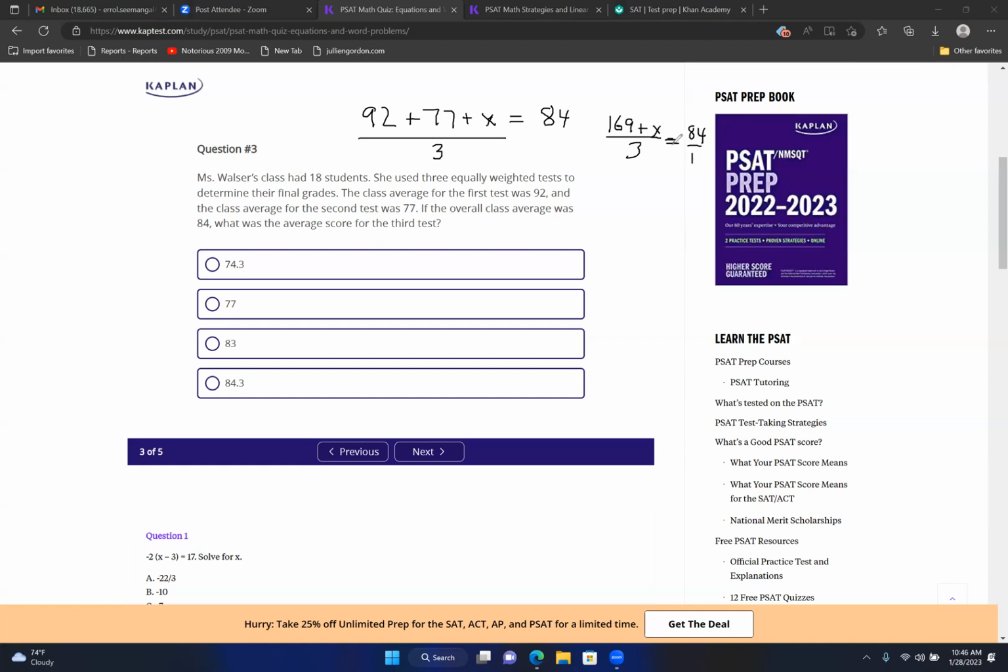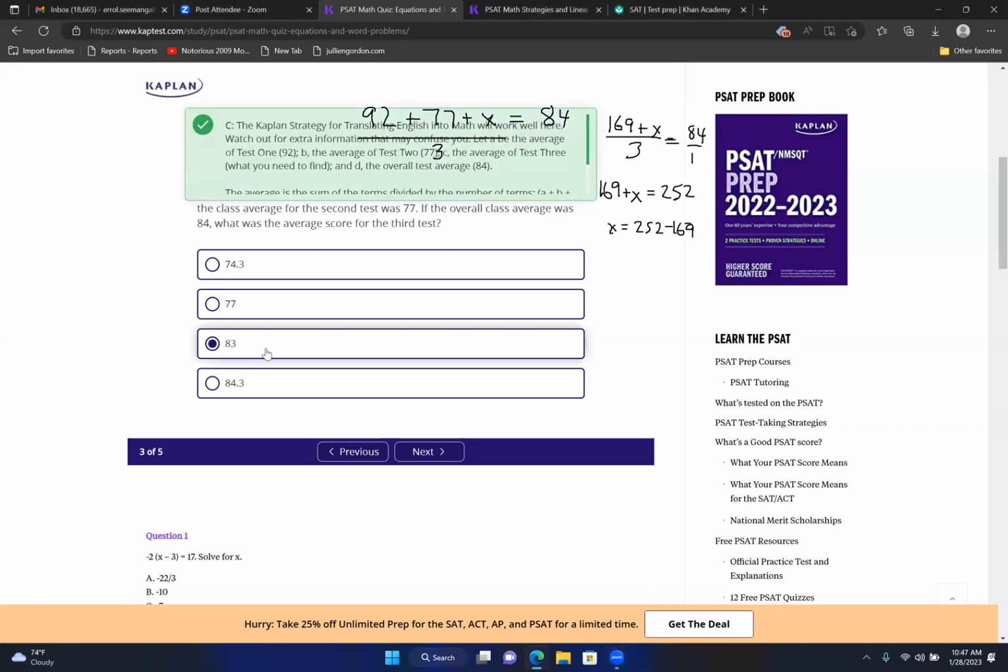So cross multiply these two times each other equal these two times each other. So 169 plus x. What's 84 times 3? 252. So now solve this one for x. X equals what? 252 minus 169, how much? 83. So C. 83. Yeah, that seems right.